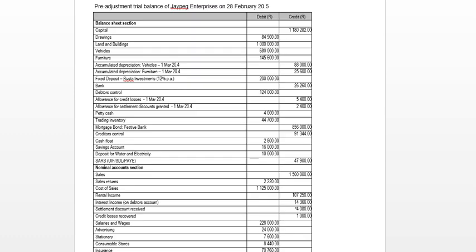So our balance towards furniture at the end of the financial year is 145,600 Rand, and our accumulated depreciation on furniture is 25,600 Rand. And this accumulated depreciation is as per the 1st of March.